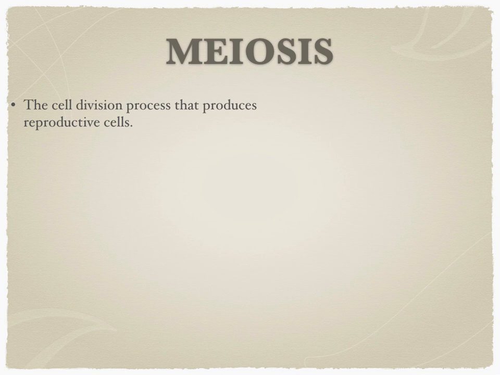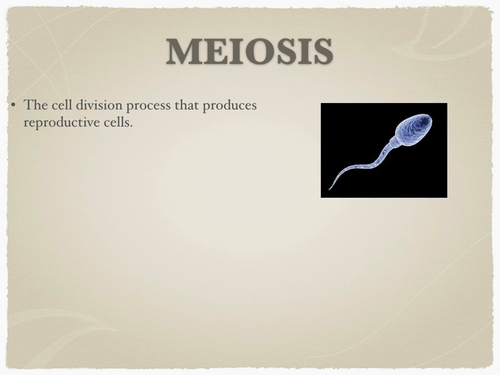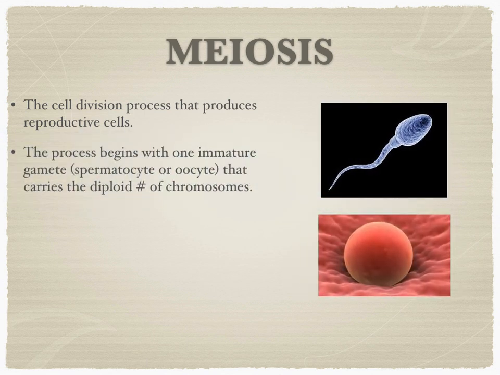Meiosis, the actual process itself. It literally is a cell division process that produces reproductive cells. That's all it does. And it's going to sound similar to mitosis. It's going to have similar stages, but it gives you a very different end result. The process of meiosis makes reproductive cells: sperm cells, egg cells.